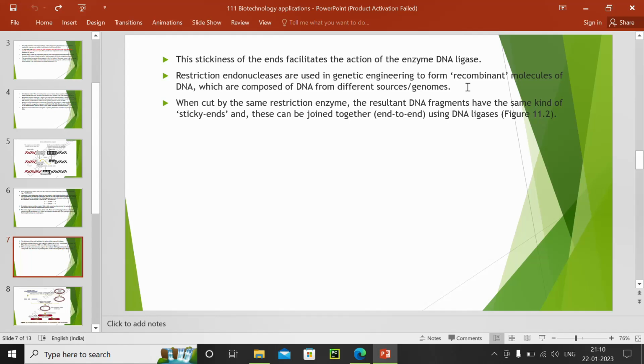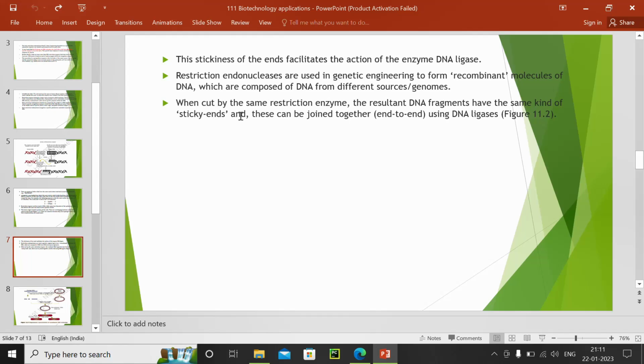It is called recombinant DNA, which is composed of DNA from different sources or genomes. This may be either a gene source or a genome source. Genome is nothing but a haploid set of chromosomes. Here genome stands for a haploid set of host DNA.